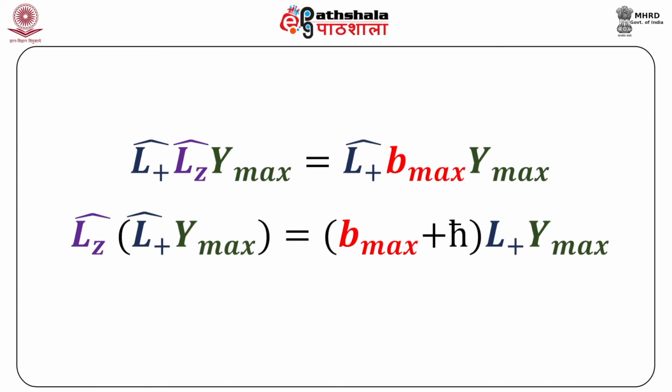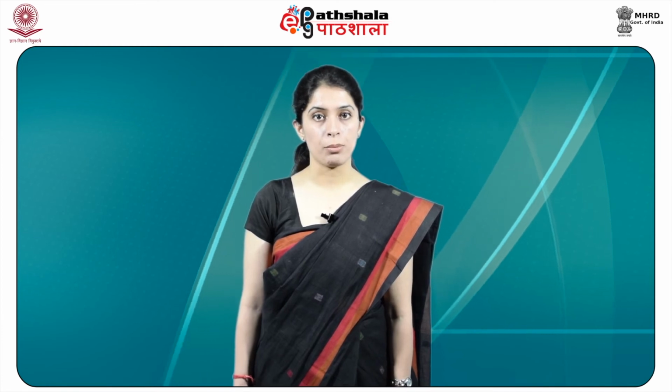This further can be simplified as Lz L plus ψmax equals (Bmax plus h cross) L plus ψmax. This eigenvalue, obtained by application of the raising operator, is found to be h cross higher than Bmax, which is contradicting as we defined Bmax as the largest eigenvalue of the Lz component.